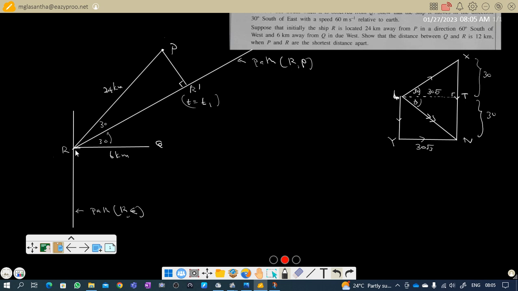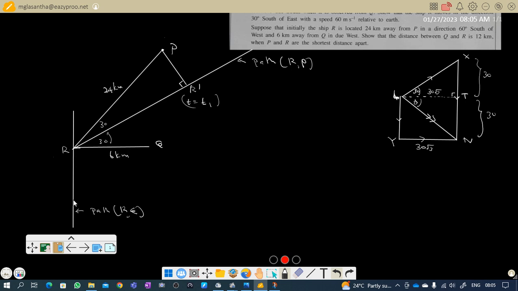Then P and R are closest to each other when T equals T1. You want to find the distance between Q and R when P and R are at shortest distance, right?